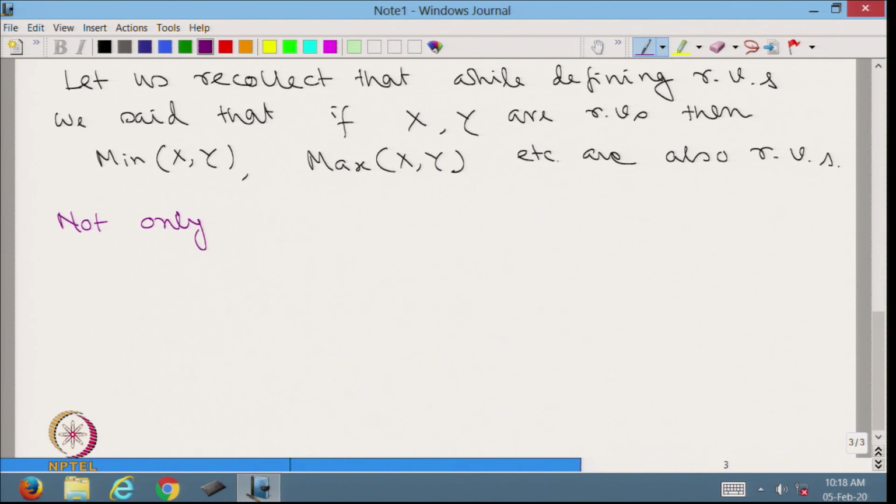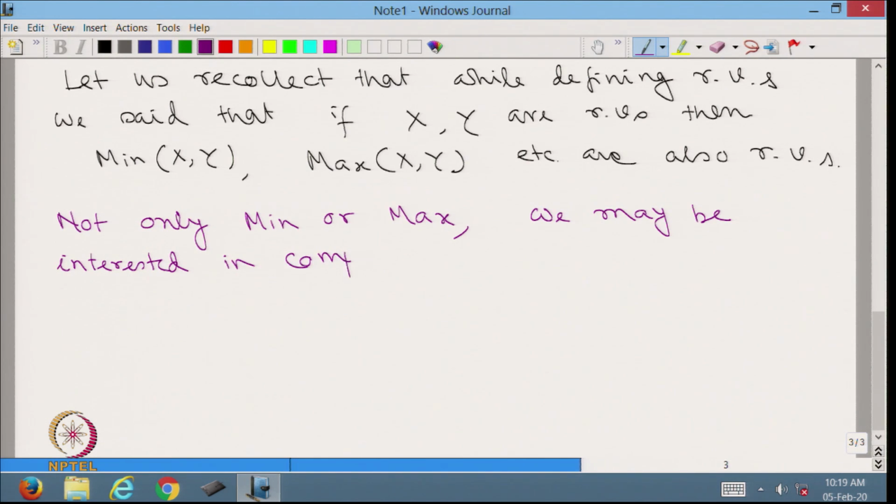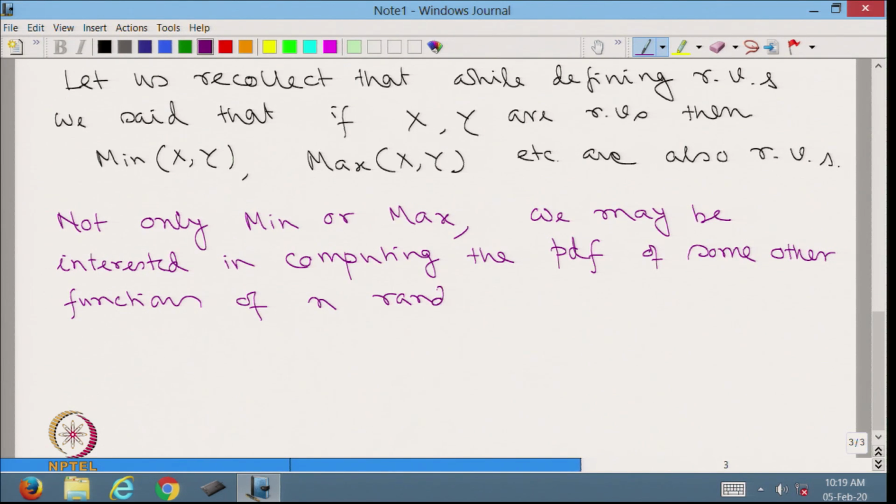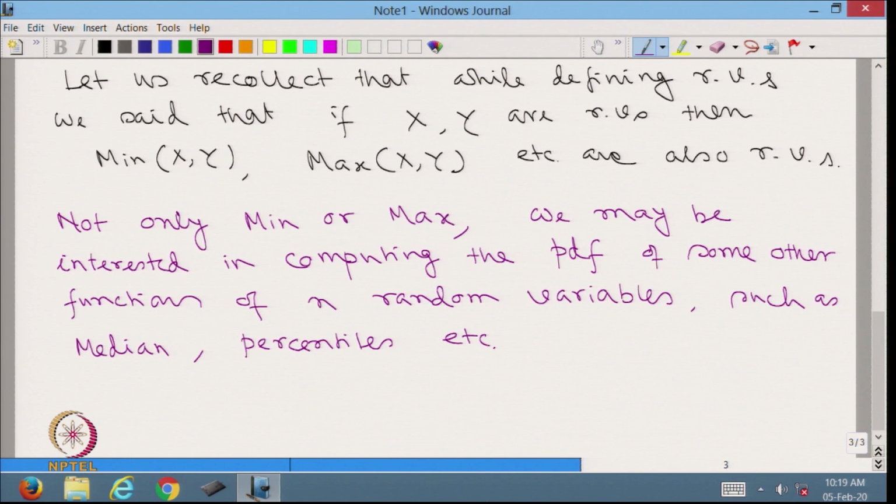Not only min or max, we may be interested in computing the PDF, probability density function, of some other functions of n random variables such as say median, percentiles, etc.